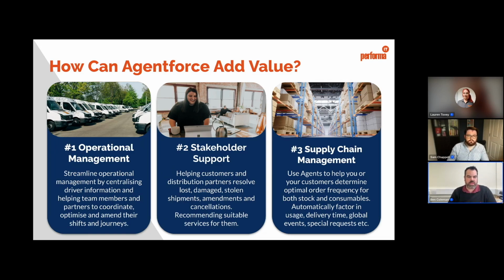We think that could be a real game changer with the agent interface over the top of it. And the final example that we've got on this slide is the ability to manage our supply chain. So within the industry, we're often managing stock levels of consumables because there's quite a few things that we may need to provide our customers with.